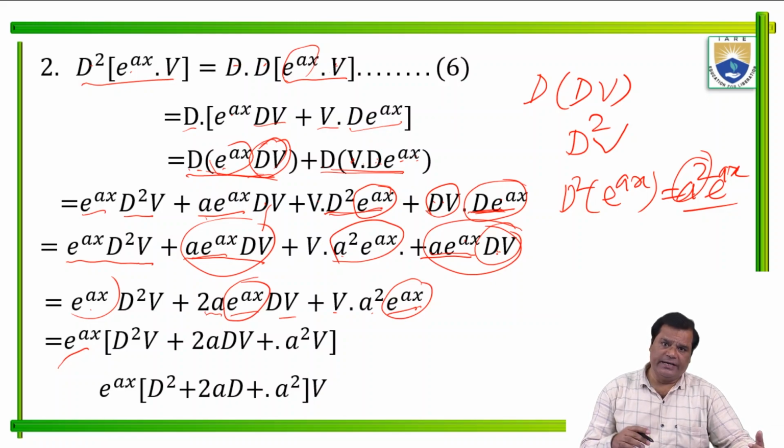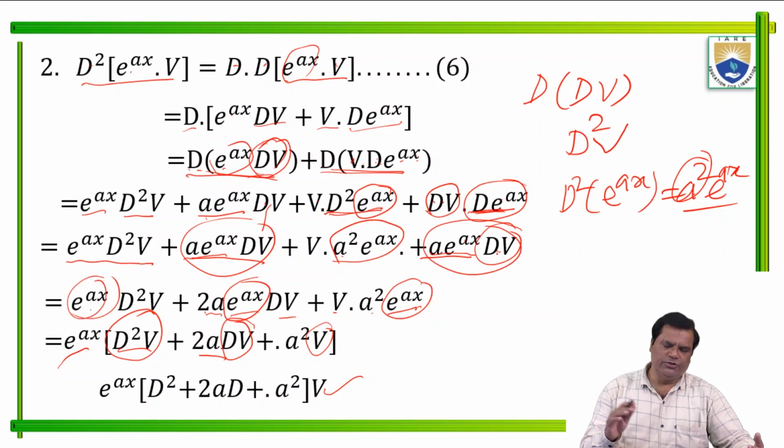But v is in derivative form: here is D square v, where v is differentiated two times with respect to x, here v is differentiated one time, and here v is not differentiated. So due to this, v is taken to the right hand side, not the left hand side, because v is differentiated two times and one time in the first and second terms.